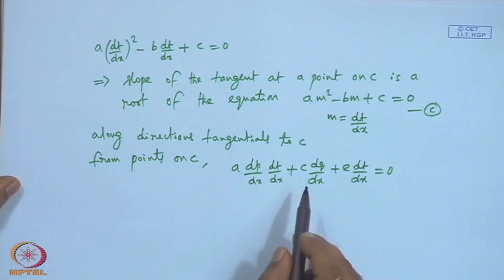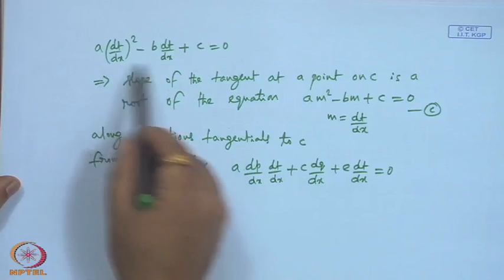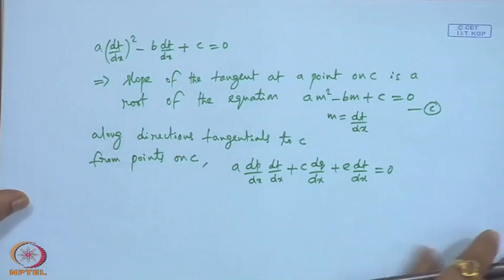Okay. So, now we have two roots for this equation, right. So, what will happen in that case?